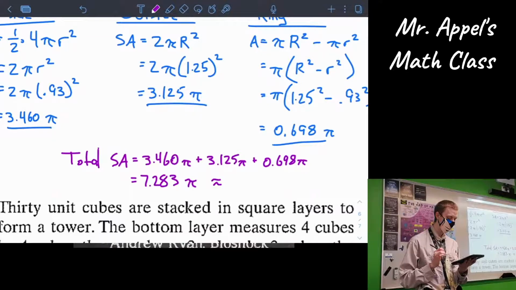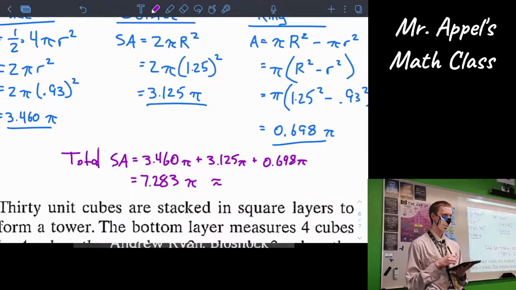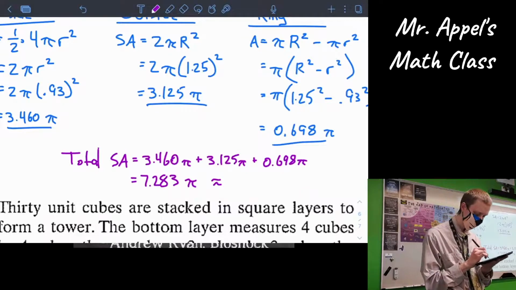What's our final decimal approximation? .880.